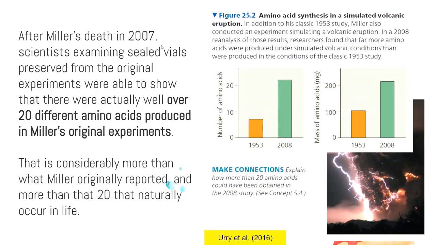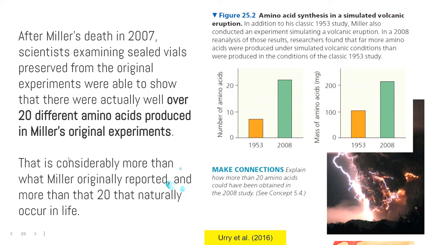In 2007, scientists examined the sealed vials from 1952, and they discovered over 20 different amino acids produced in Miller's and Urey's experiments. Again, amino acids are the building blocks of proteins, which make up organisms.